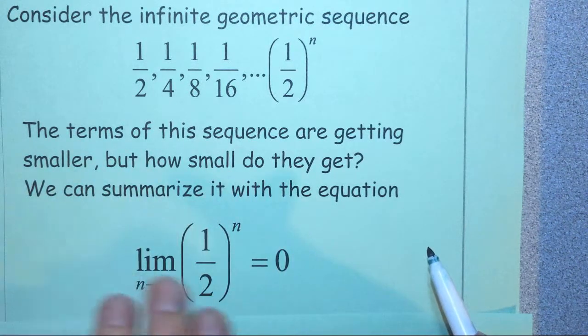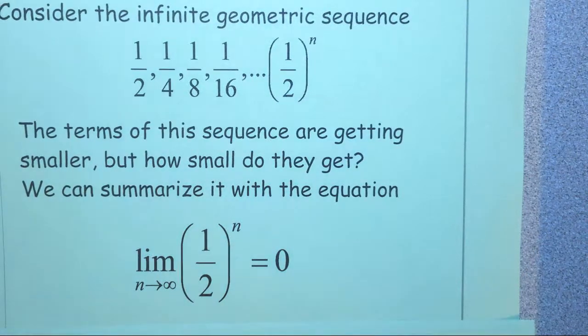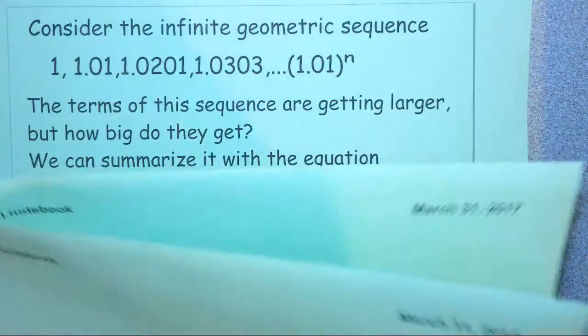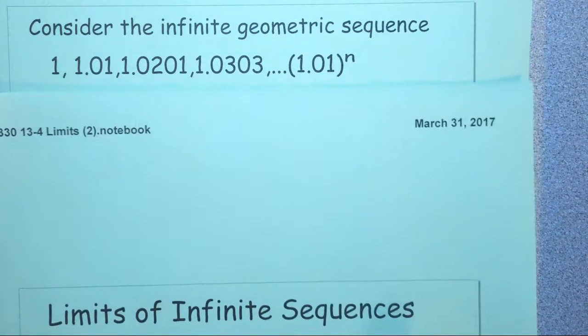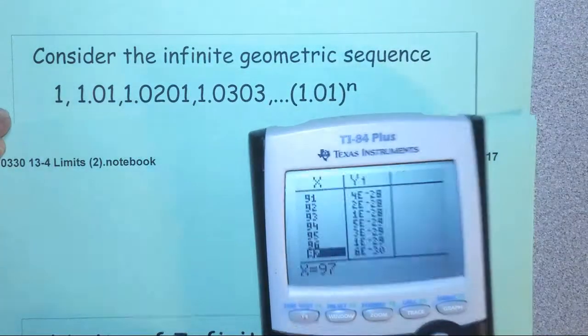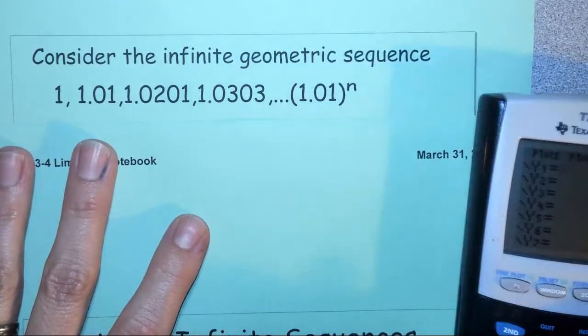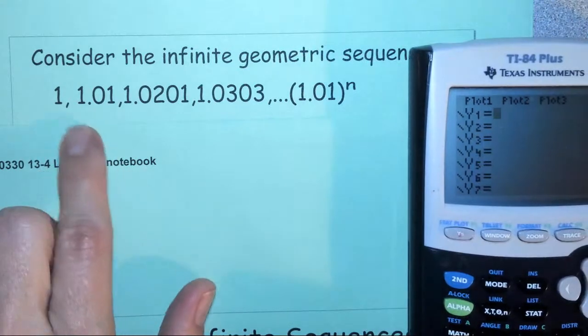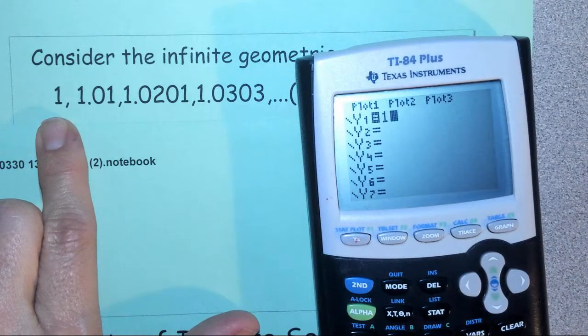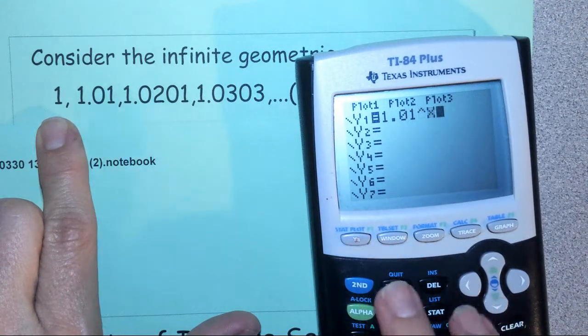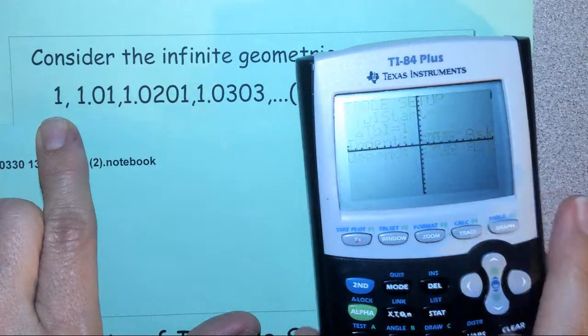So this is our first little snippet of an infinite limit. Let's go look at another one. On this next one, we've got 1.01 raised to the n power. So I'm going to type that in. I'm going to start my table at 0 again.